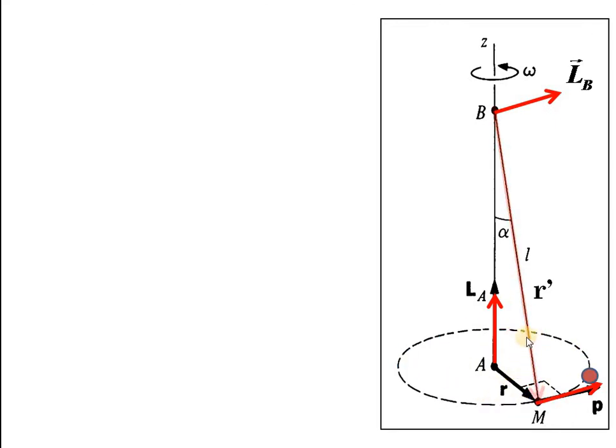In addition to that, you can see from the diagram, this circular cone has an apex. B is the apex point. With respect to B also, the bob has an angular momentum. So a conical pendulum has two types of angular momentum.